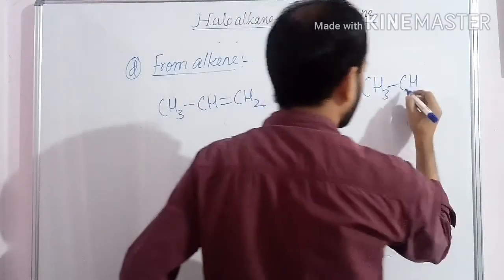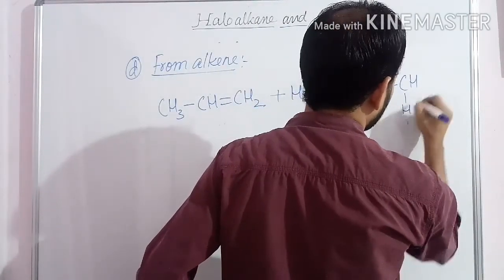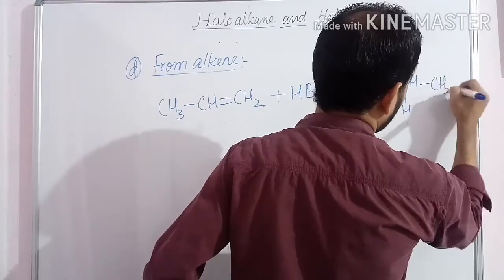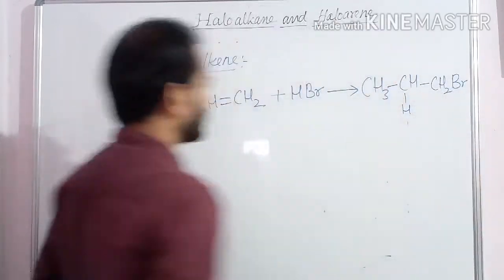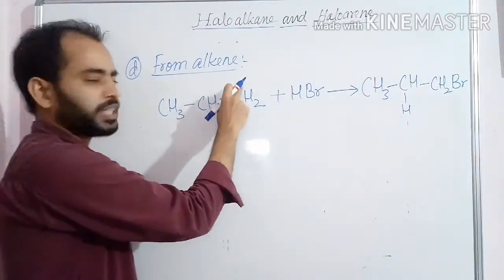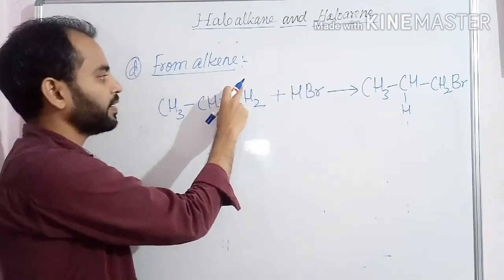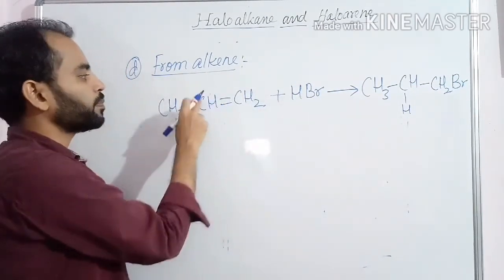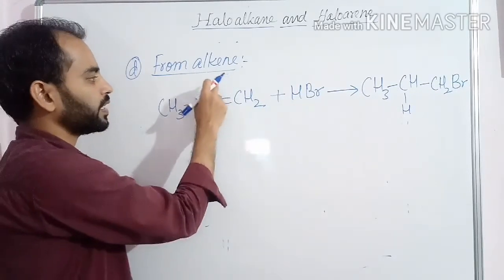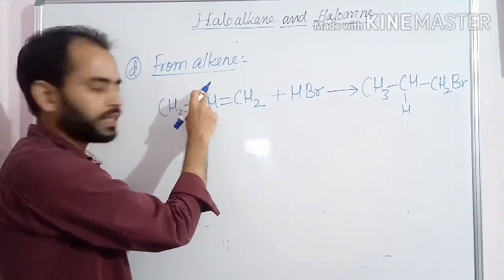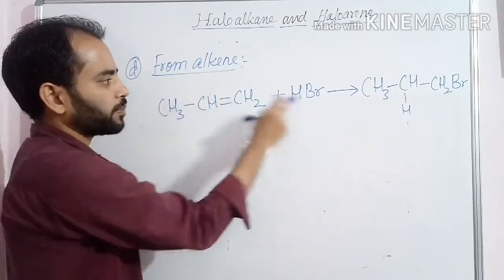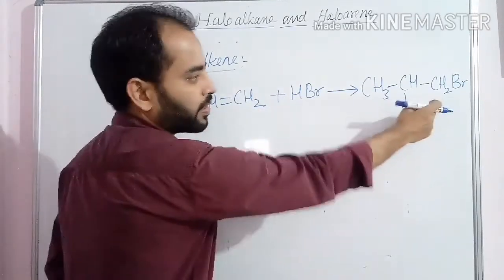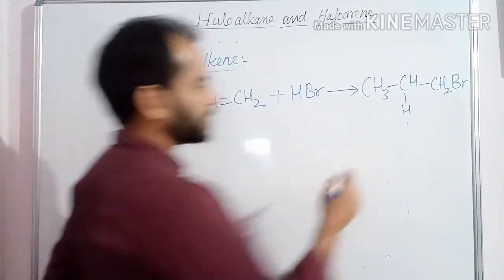That is, either this carbon acquired positive charge and Br negative attacked here, and the other carbon acquired negative charge, as electron is withdrawn to this carbon, and positive H attacks here. This is the first case, first product.